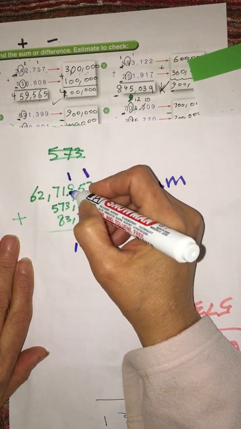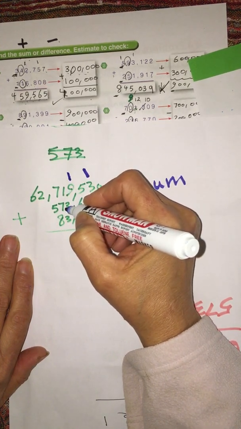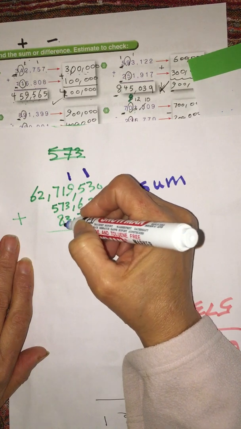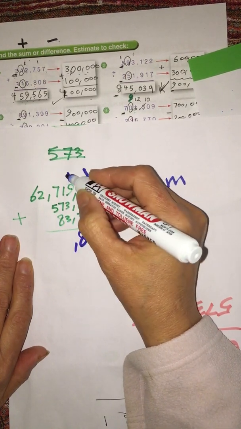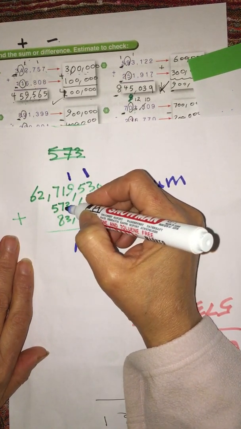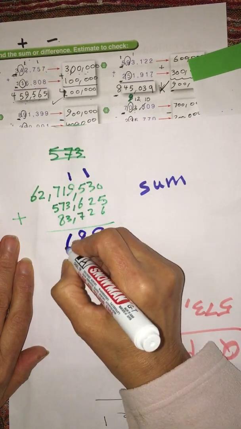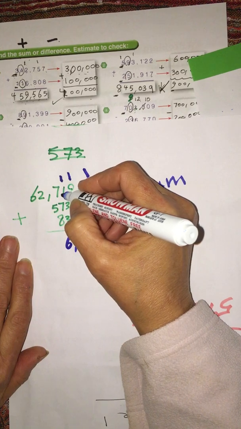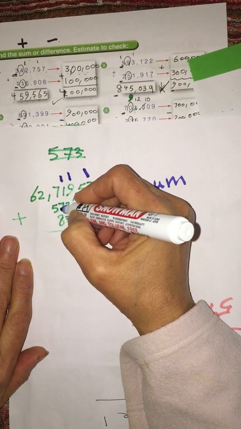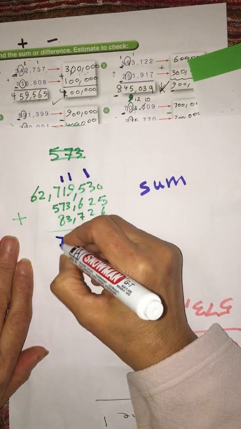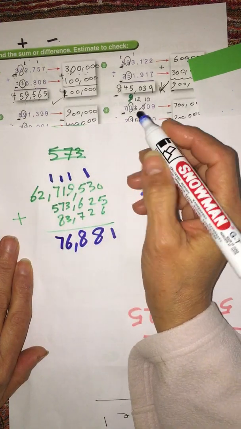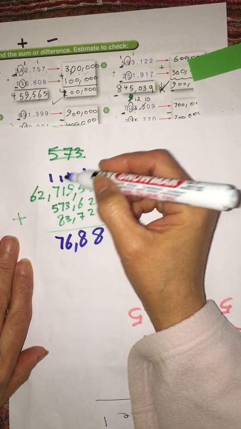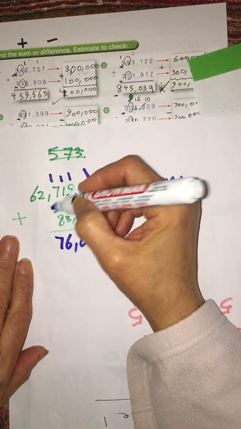1 and 9, 10. 10 with 3, 13. 13 with 3, 16. Again, 3 with 3, 6. 6 with 10, 16. 6. 1 above the tens. 1 and 1, 2. 2 and 7, 9. 9 and 8, 17. 7, 1 above the hundreds. 1 and 7, 8. 8 and 5, 13.